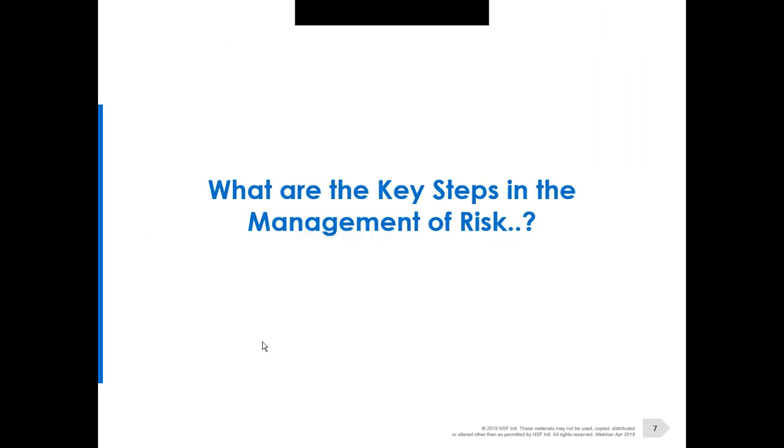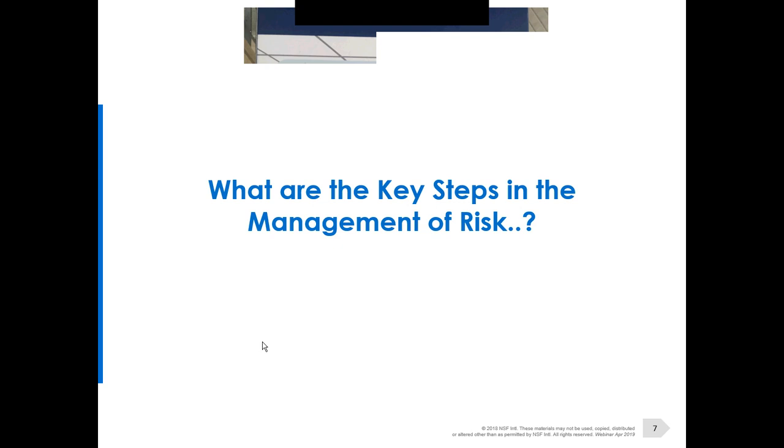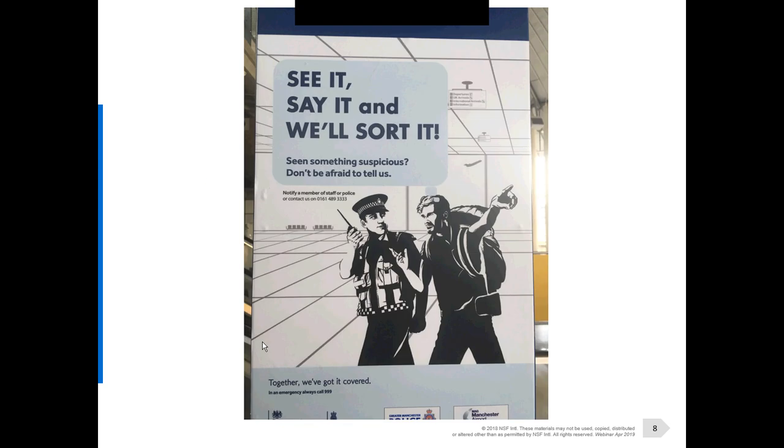So, what are the key steps in the management of risk, particularly for sterile products, but in fact for all pharmaceutical products? I wanted to draw your eye to this poster. This is a poster that I've seen several times in my travels through London recently, and it's a poster used by the British Transport Police to alert people to the perception of crime.